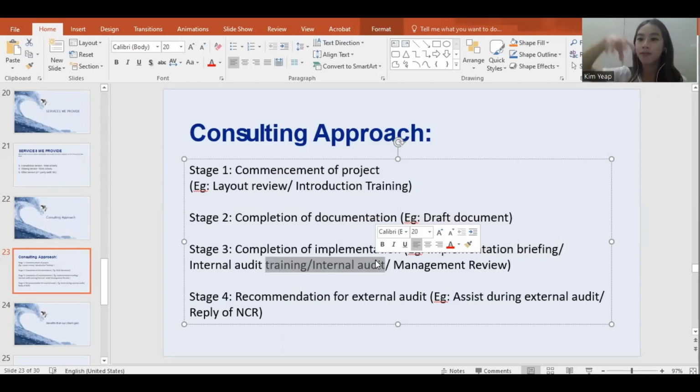They need to choose someone in the company to act as an internal auditor. The internal auditor is their own people, right? After auditing, they will have a report saying that, I detect this, I detect that in our management system.